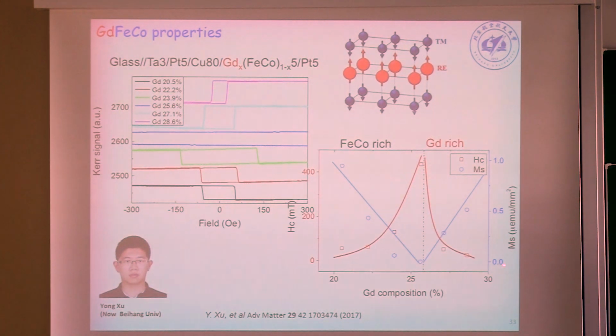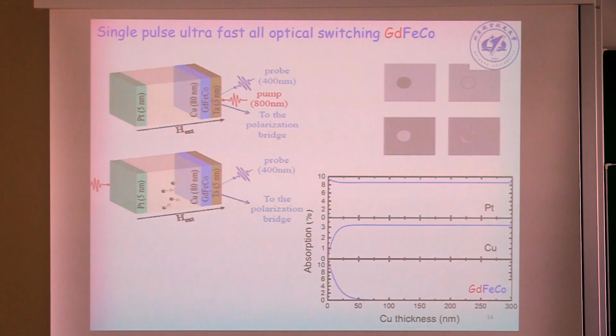We could build this curve, so we looked at coercivity and magnetization as a function of the gadolinium thickness. We can clearly probe the compensation where magnetization tends to 0 and coercivity goes very high.